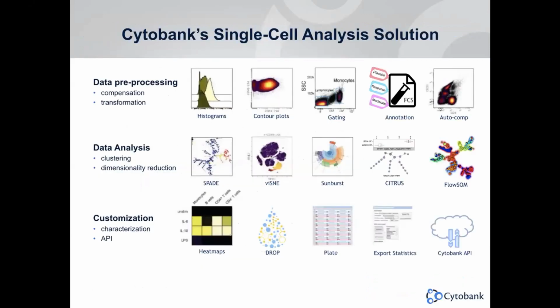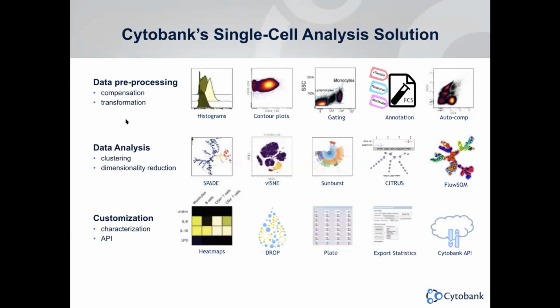Cytobank actually has a whole suite of data analysis solutions. We see the data as a pipeline. The first step is data pre-processing, which includes compensation and scale transformation, and pre-gating to get clean quality data for downstream analysis. Sample annotation is also very important and unique to Cytobank, which dictates the illustrations we'll be building.